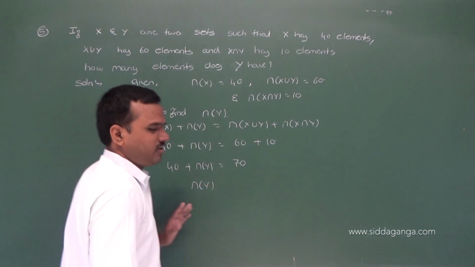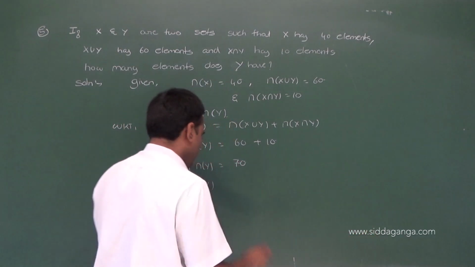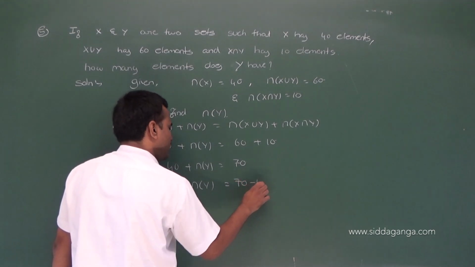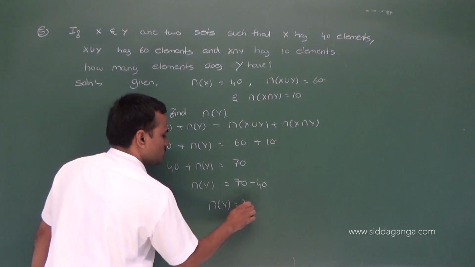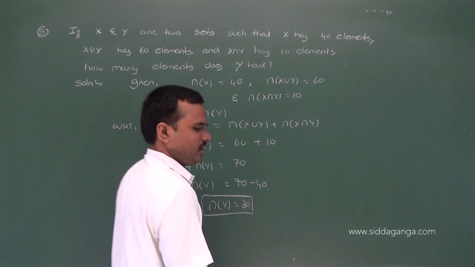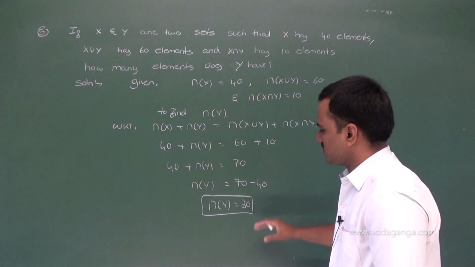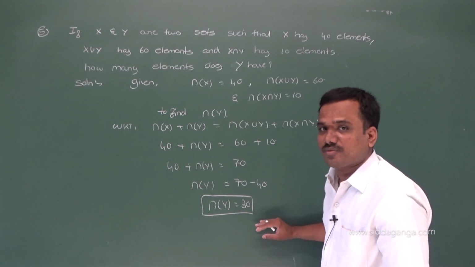I shift 40 from the left side to the right side: n of y is 70 minus 40, which is 30, correct? n of y is 30. See the problem, very important problem.